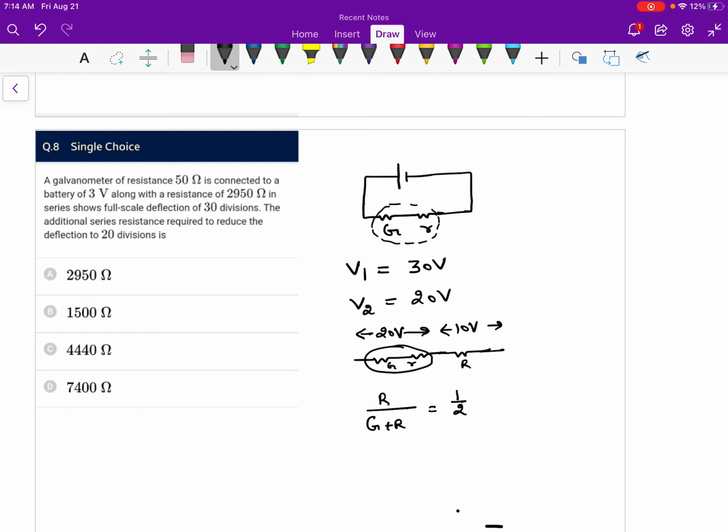So capital R upon G plus small r is 1 by 2. So capital R is G plus small r, which is 3000 upon 2, which is 1500 ohm. So B is the correct option.